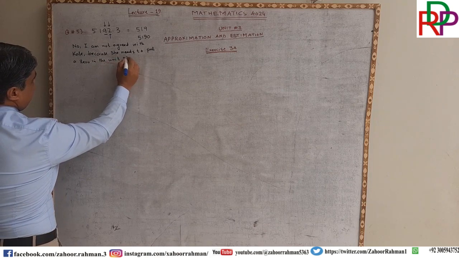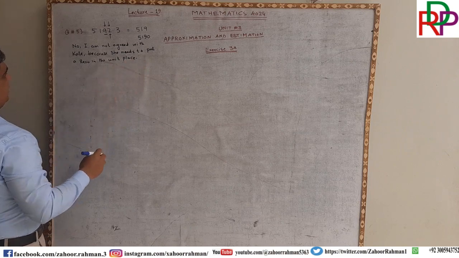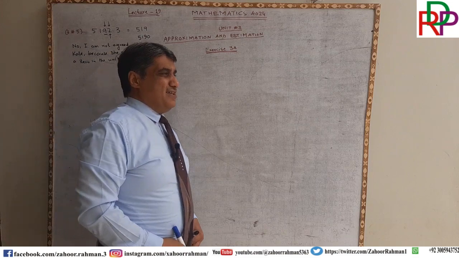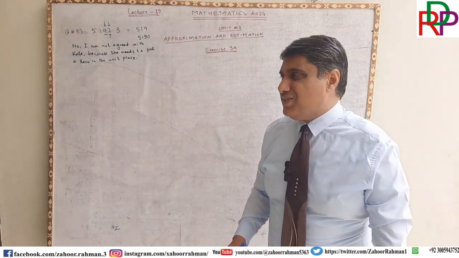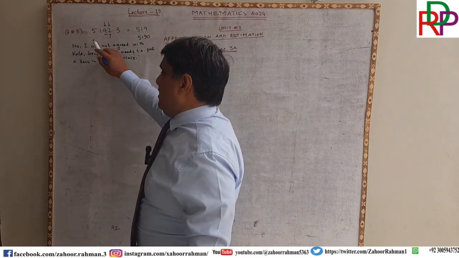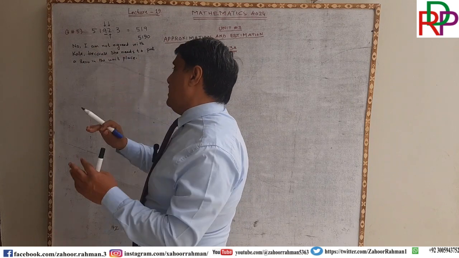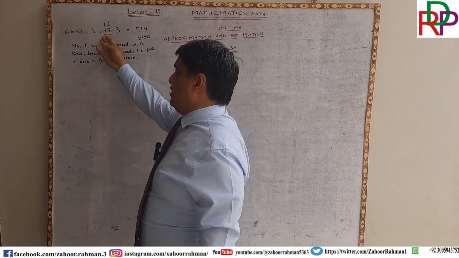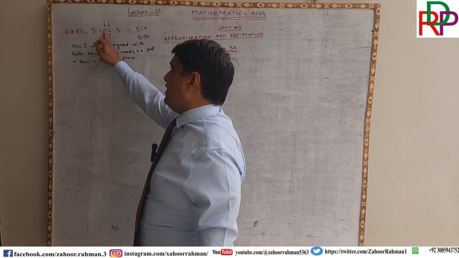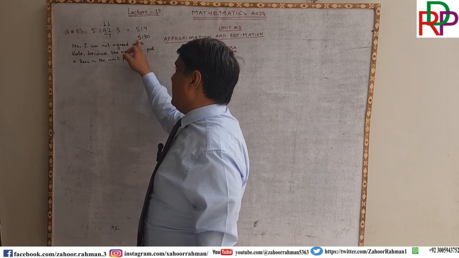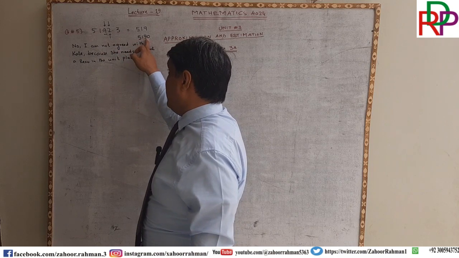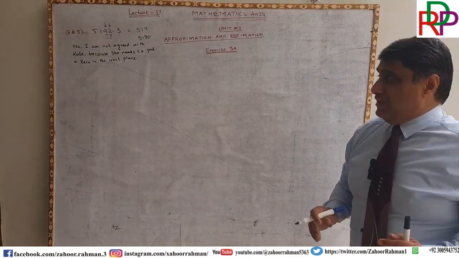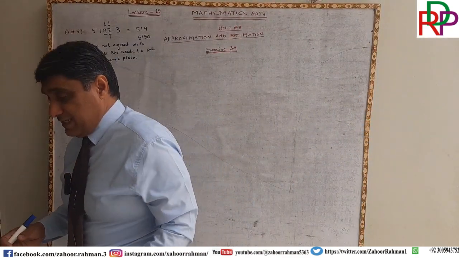So this one is the correct answer, and 519 is not the correct answer. It is also not making sense. If you are rounding it and you want to give money to somebody, instead of 5192 you will give 5190, not 519. There is a big difference between the two, so it is also not making sense.